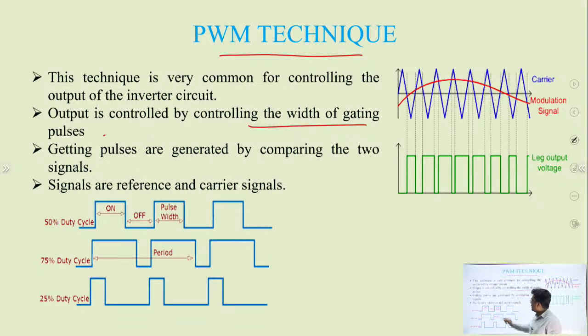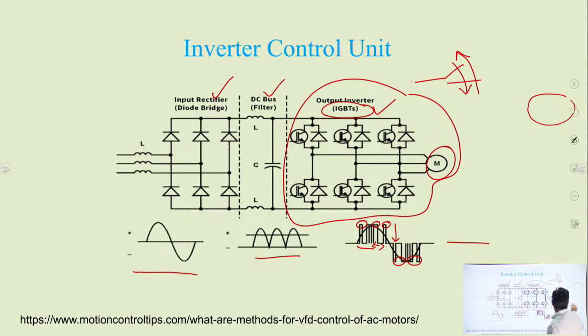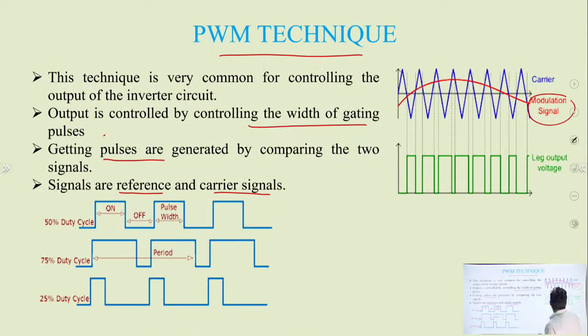This gating pulse we generate by comparing two signals. That signal is known as either the reference signal or the carrier signal. How to control, what are their techniques, I have covered in the next lecture, but we can see in this diagram, this is the modulating signal, or it is known as the reference signal, and the other one is the carrier signal.